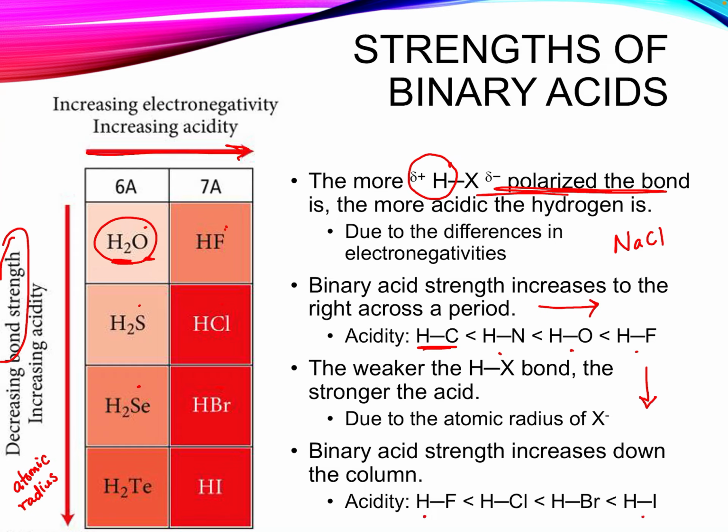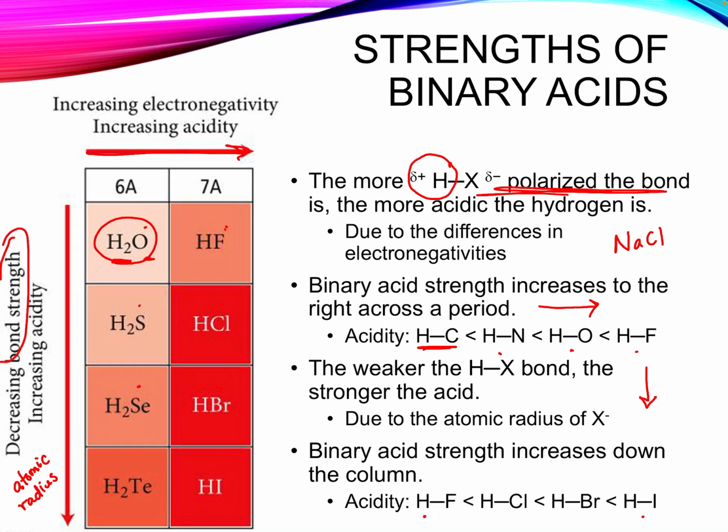So even though they have this large electronegativity difference and it's really polar, right, because it's a small enough molecule, that atomic radius or the distance between those nuclei is so small, it's not strong enough to ionize completely in solution. So it's a really strong, weak acid.